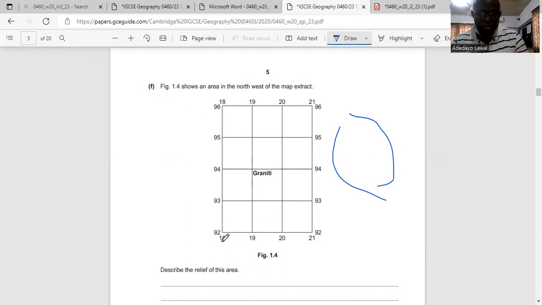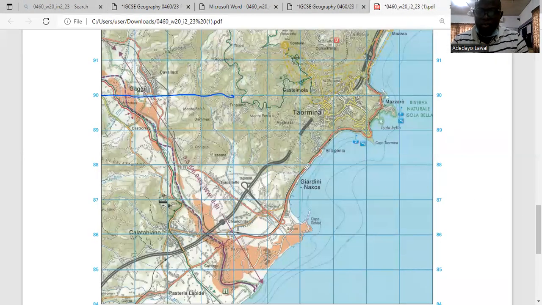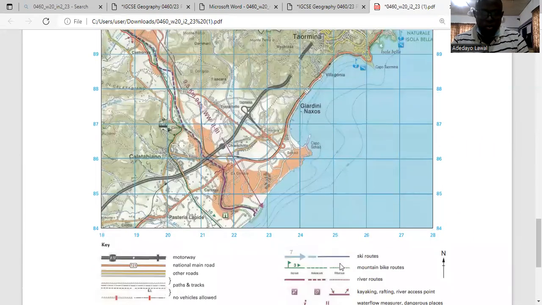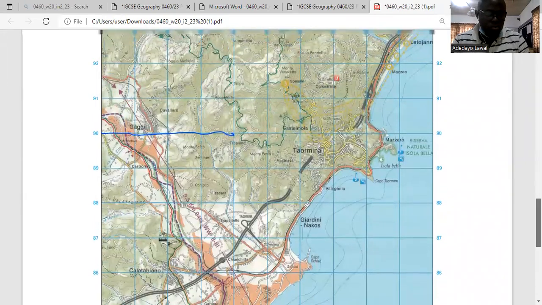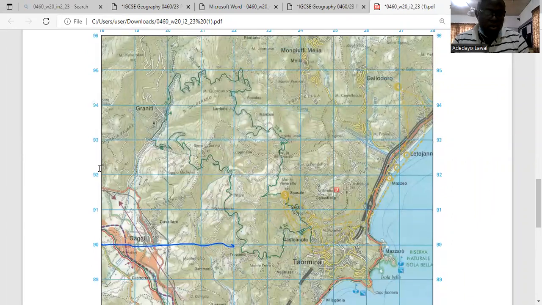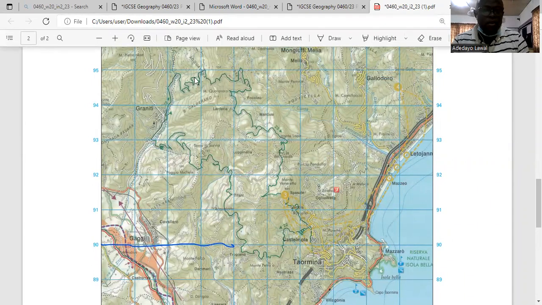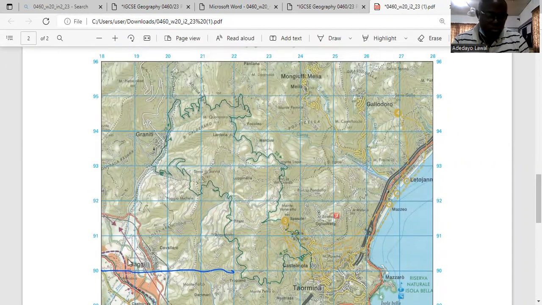So 92, 18 to 21, then 92 to 96, 1892. So it's actually from here. 18 to 20 what?